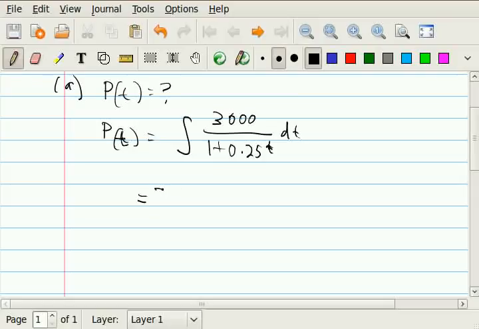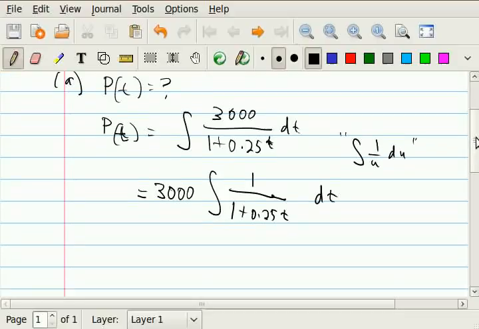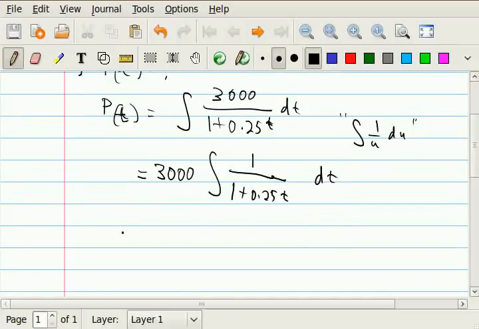We could start by factoring out that 3,000. And then when we do that, we'll get 1 over 1 plus 0.25t dt. And remember, what we're trying to do here is get 1 over u du, because then we can use this new rule of integration that we've talked about. Well, we always call the denominator u.